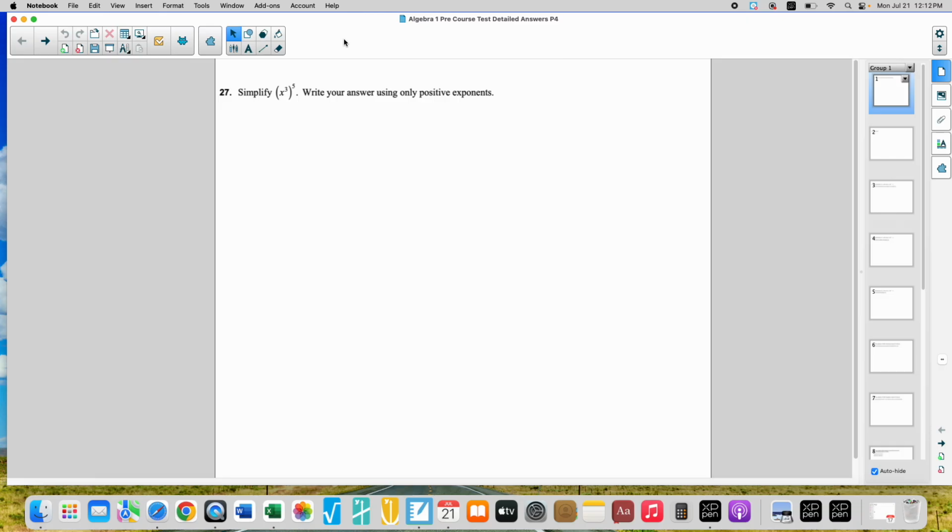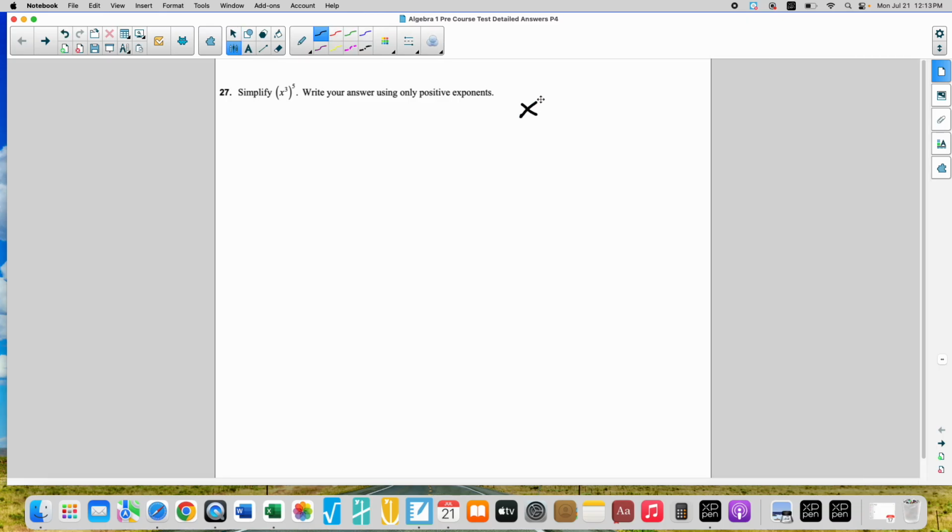So number 27 says simplify x to the third to the fifth power. When we have a power, we need to remember the laws of exponents. When we have like bases, such as x to the second times x to the seventh, we add their exponents.